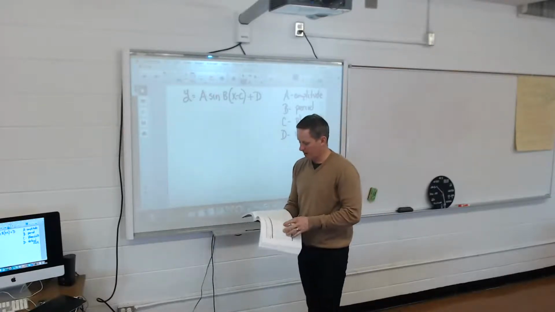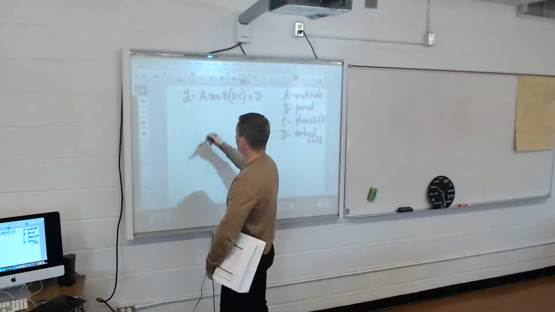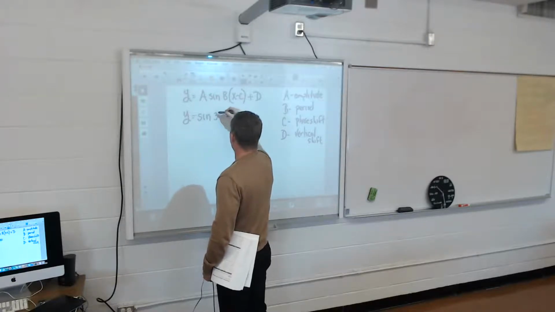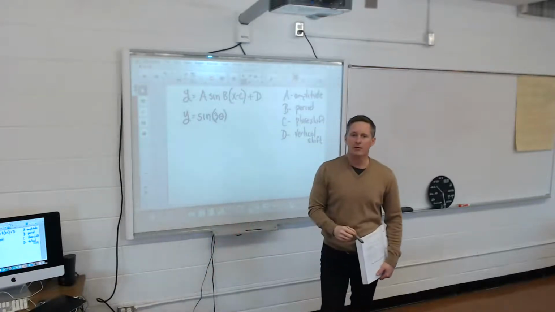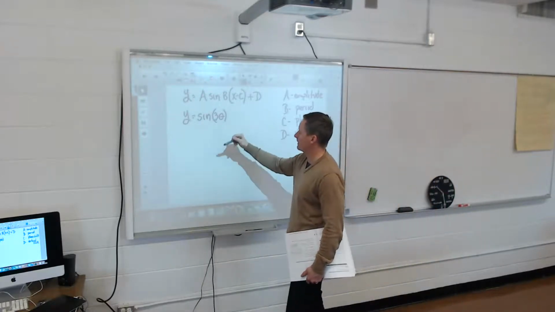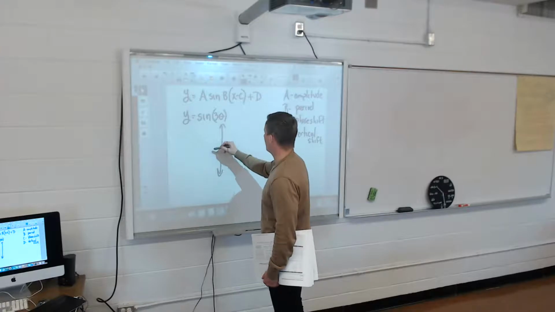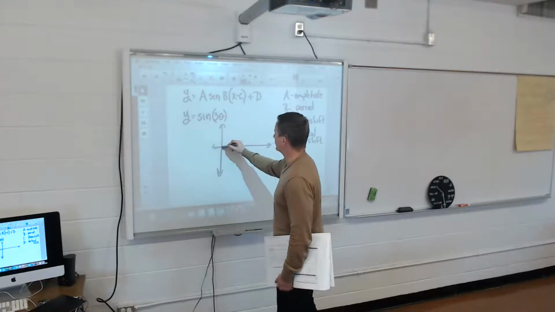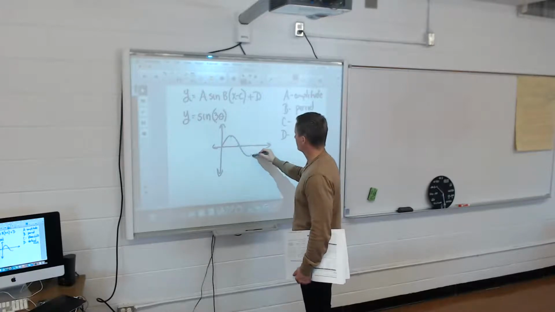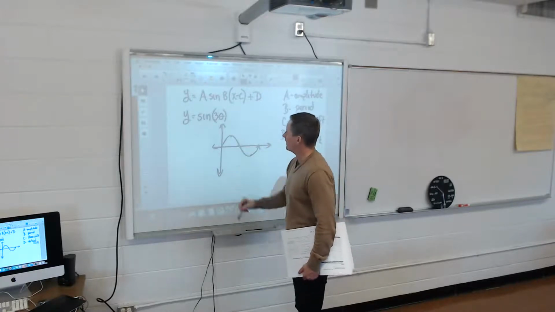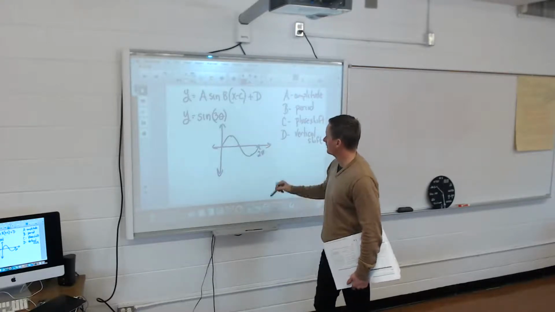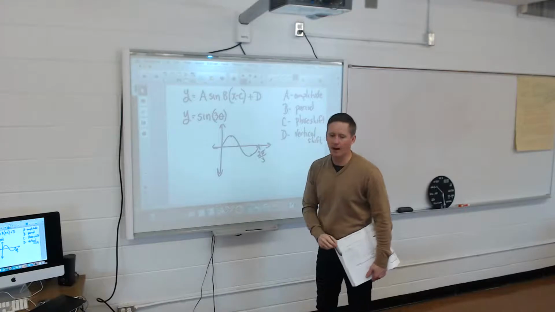So just to pick a couple examples, the first one, they have y equals sine 3 theta. So for y equals sine 3 theta, all that's doing is changing my period. So if I were to draw it out, I draw it the same each time, put my 5 key points down. Now the difference being, this point, instead of being 2 pi, is now 2 pi over 3.